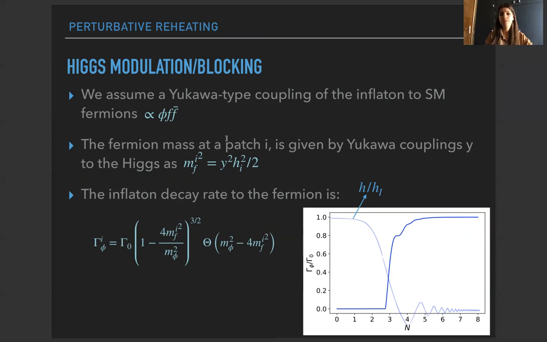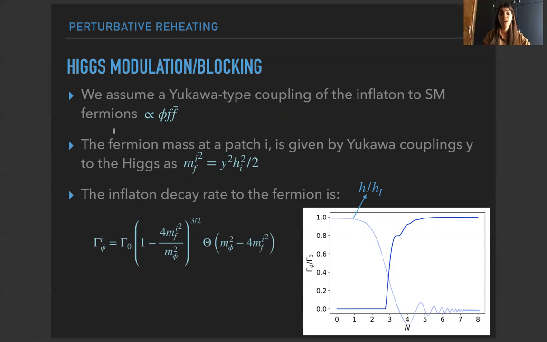So you will have a fermion mass that is directly proportional to the Higgs VEV. And since you have a Higgs VEV that is different in different patches of the universe, then your fermion mass will also differ between different regions. And because your inflaton decay rate will also depend on the fermion mass, then you also have a space-dependent inflaton decay rate.